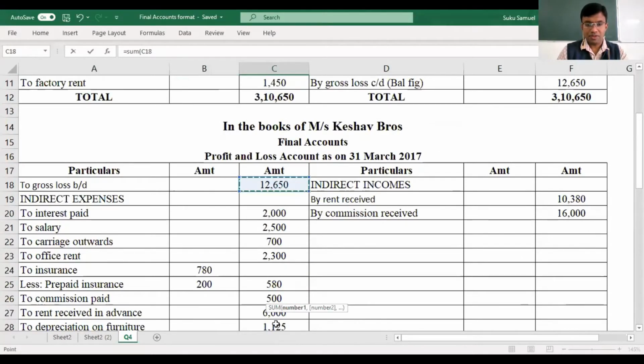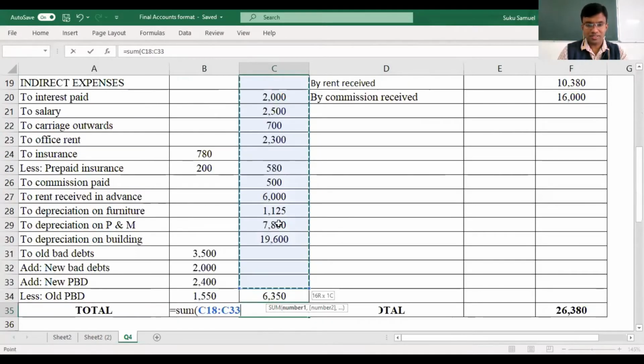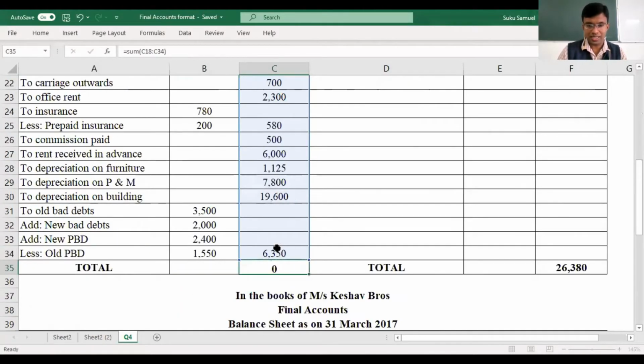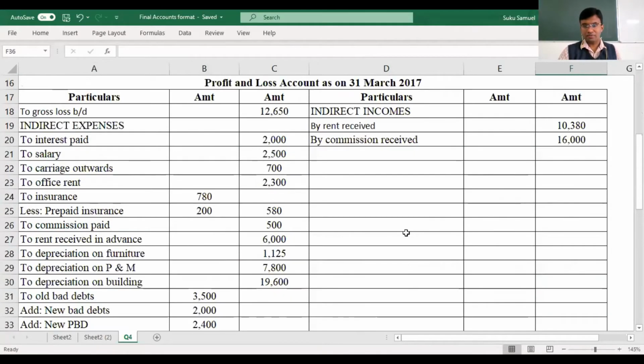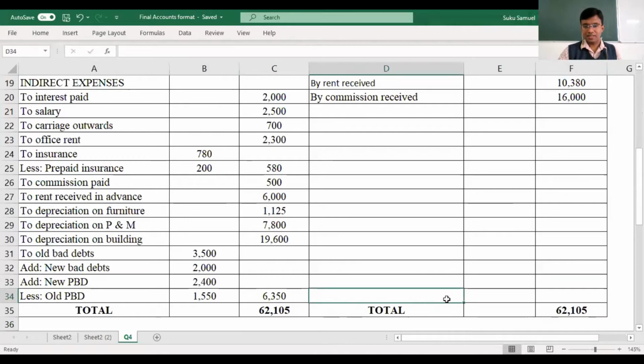So the balancing figure for this particular question would be falling on the credit side. The debit side's total is 62,105, which means the balancing figure will be falling on the credit side. Since the balancing figure is falling on the credit side, it would be net loss.